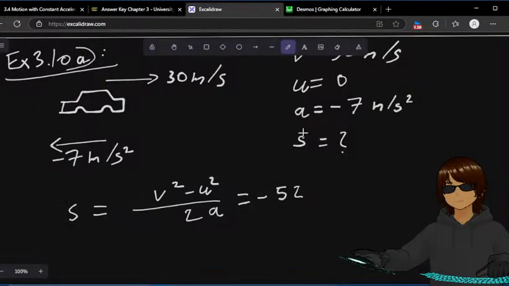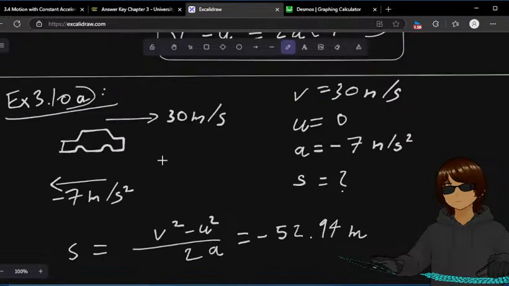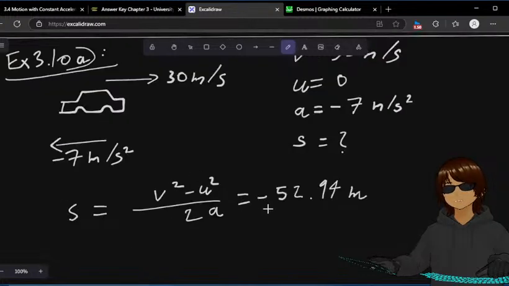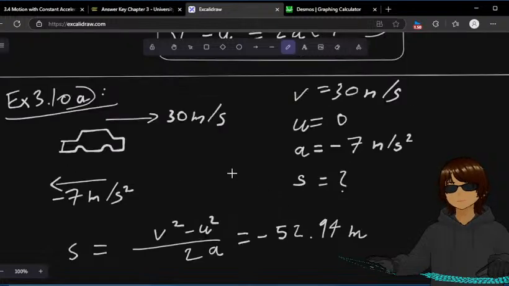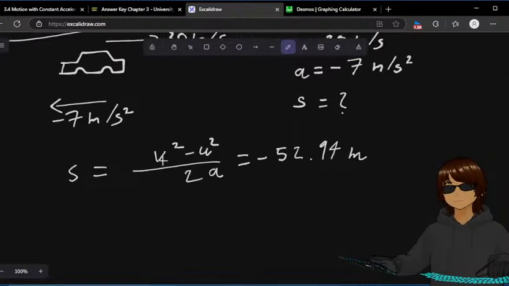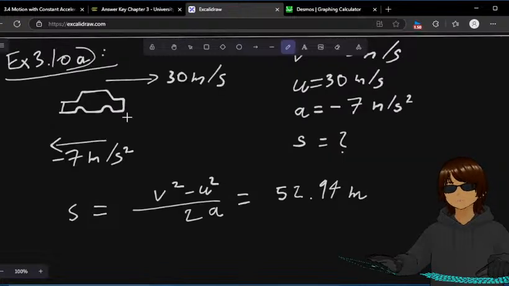Minus 52.94 meters? So it should be minus 52? No, that's where I'm wrong. The initial is 30 meters per second, final is 0. So this is positive: 0 minus 30 squared over minus 2 times 7 gives 52.94 meters.